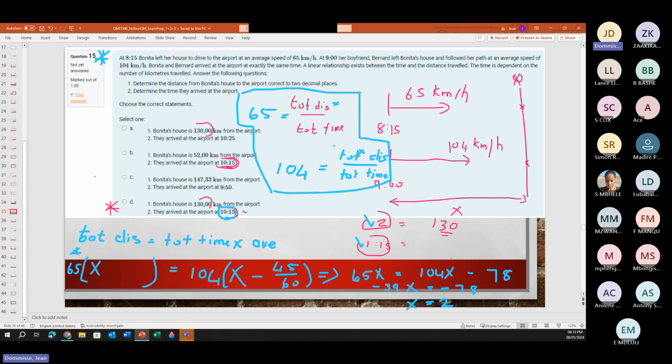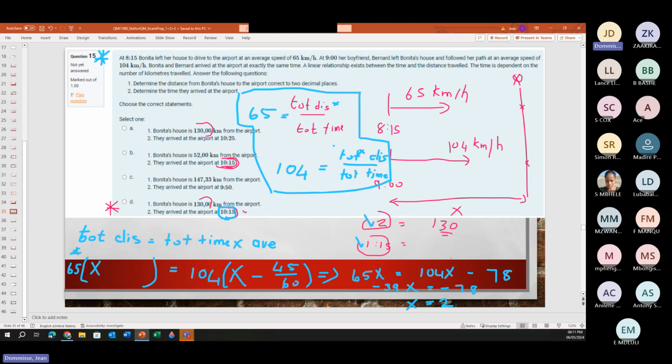Systems of linear equations it will be, but you need to also have known that average speed is equal to the total distance divided by the total time. Okay, and because the distance stays the same, you can say these two equations are equal.